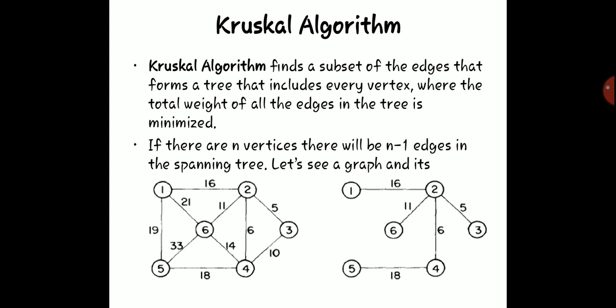The vertices connected by the edge 19, 1 and 5, are already there in the spanning tree, so we need not take the edge 19. Consider the edge 33. That connects 5 and 6. Those vertices are also there in the spanning tree already, so we just drop that edge also. So the final spanning tree we construct out of the given graph is this, present on the right side. I hope you understand.